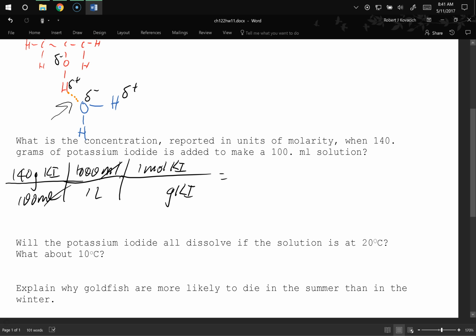What do we got? 166 sounds good to me. So I got 140 divided by 166 times 10. So 8.4 molarity. Great.